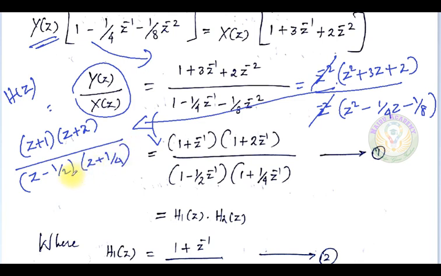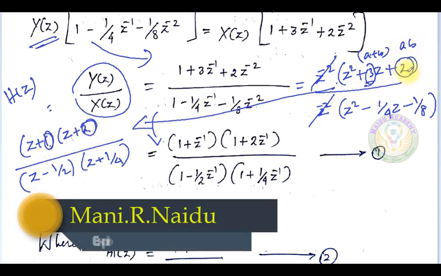How I factorized it? If you multiply these two terms, in what way do you have to find this? If you add the factors, you have to get this. That is, a plus b should be this coefficient and a into b should be this. So if you multiply 1 into 2, you will get this.